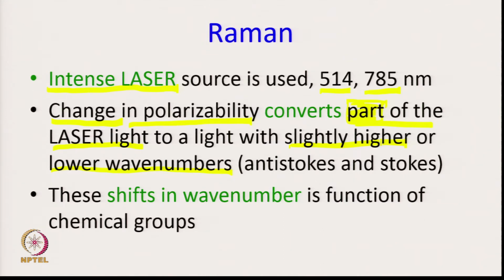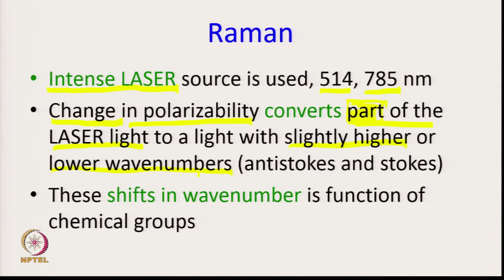So, if you have say 514 as the laser, then the laser signal which will get converted into a Raman signal will be more than 514, that is slightly higher wave numbers, or less than 514 for slightly lower wave numbers. So, obviously, I am using it slightly wrong, please do not take me literally. 514 nanometer is the wavelength, and I am here talking about wave number.